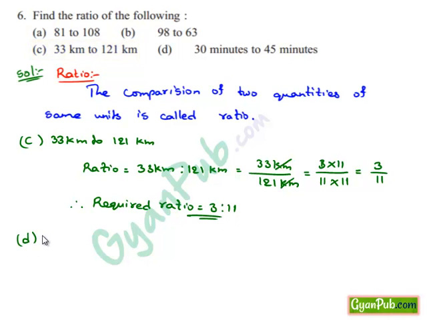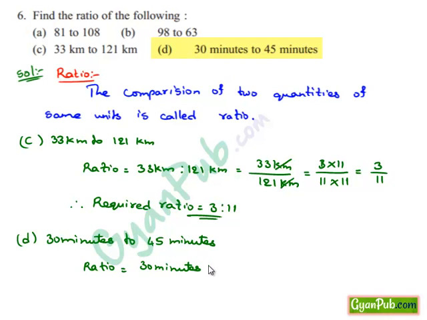Similarly, for the D bit, that is ratio between 30 minutes to 45 minutes, ratio is equal to 30 minutes is to 45 minutes.